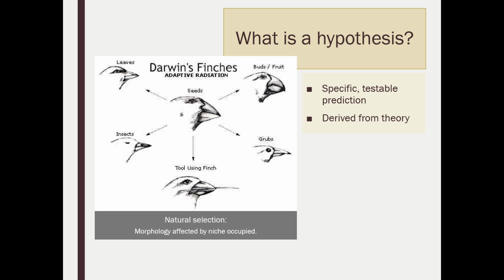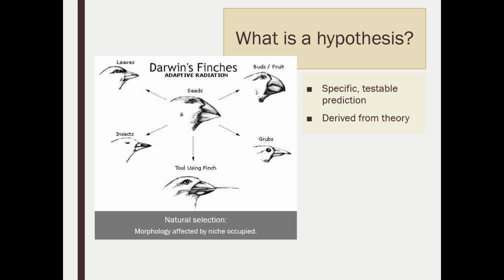So here we have the theory of evolution. We have the hypothesis that the morphology is going to be affected by the niche that's being occupied. And Darwin had this sort of insight while he was visiting the Galapagos Islands. He noticed that there were all these different kinds of finches on these little islands, and they had vastly different beaks.